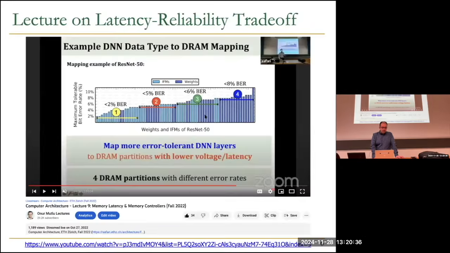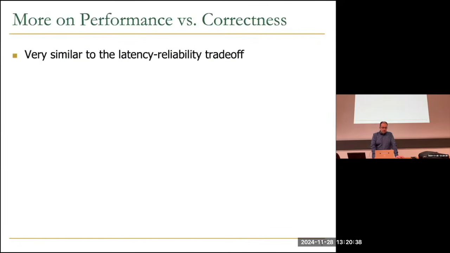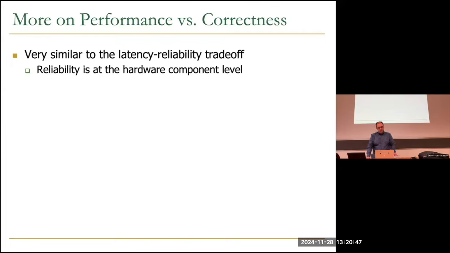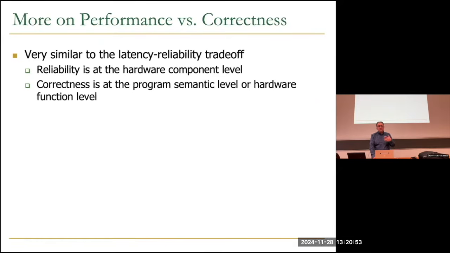Yeah, but when you think about performance and correctness, it's also very similar to the latency and reliability trade-off, essentially. Reliability is at the hardware component level, like each component is reliable or not, but correctness is at the program semantic level or hardware function level. So if you think about it, there is a very nice analogy between them. There are also some ideas that make a latency-reliability trade-off, like Eden actually.